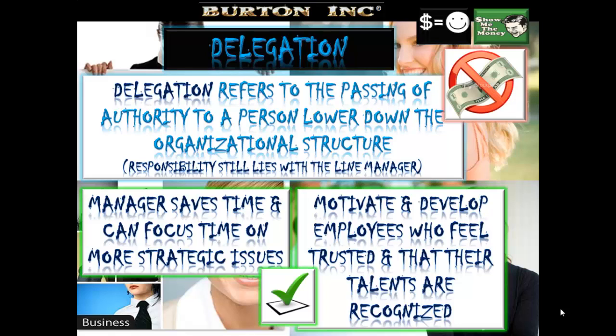It involves the line manager entrusting and empowering their staff to complete a task or project, and also holding them accountable for their actions. The responsibility still remains with the line manager, although the actual work is done by the authorised person. So 2 key points there. Accountable.